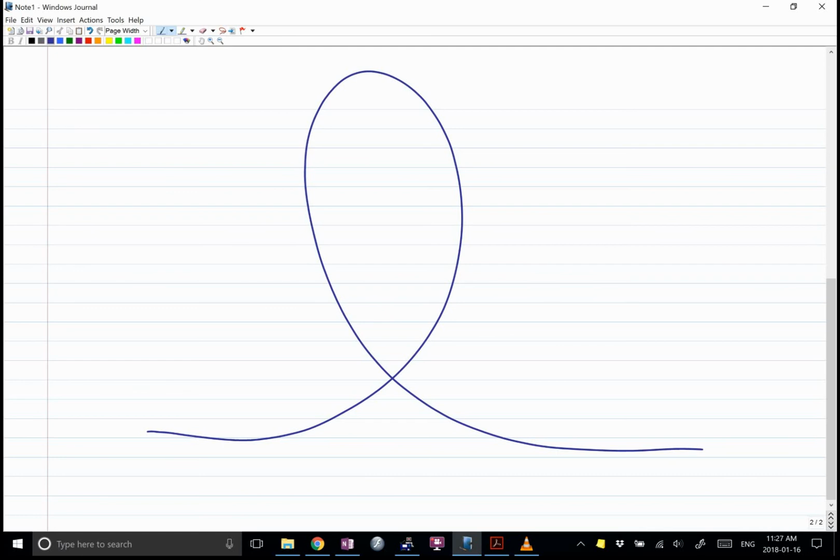Calculus would be helpful here. If you have a radius that's constantly changing, that's what calculus was designed for. So the next time you're on a roller coaster that has a circular loop, look at it from the side. You'll see it's not quite a circle. The closer it is to a circle, the more G's you're going to pull.